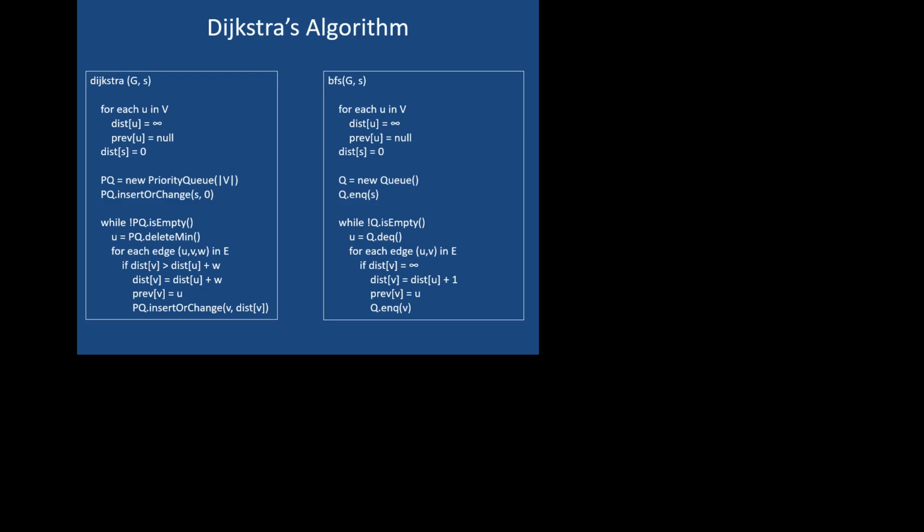In breadth first search, we remove the front of the queue. Here, we do a delete min. We go through every edge. And then over there in breadth first search, we do a certain kind of update. What are we doing for each edge out of U to V? So for each edge out of U, what are we doing in Dijkstra's algorithm? Right here.